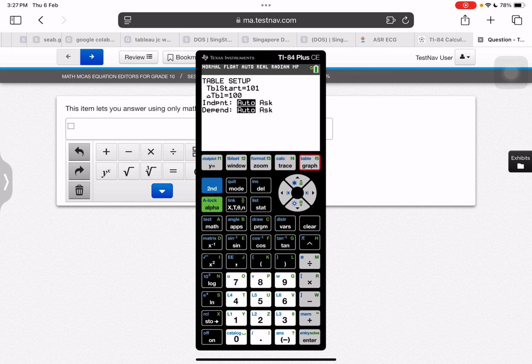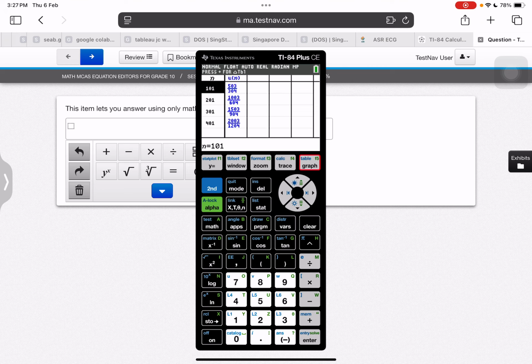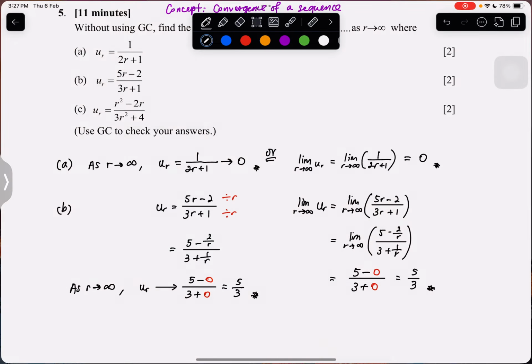So that's really big. You can see for this one, 503 over 304, very close to 503 already, which is our answer in part B over here.